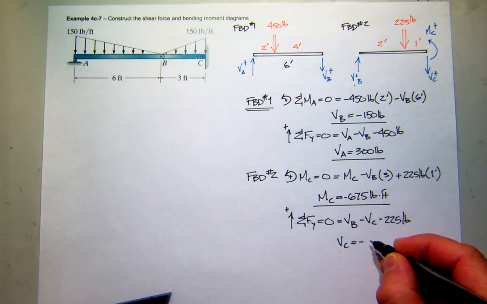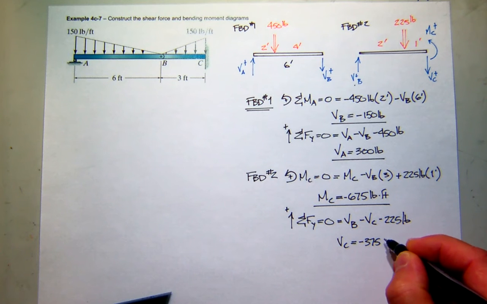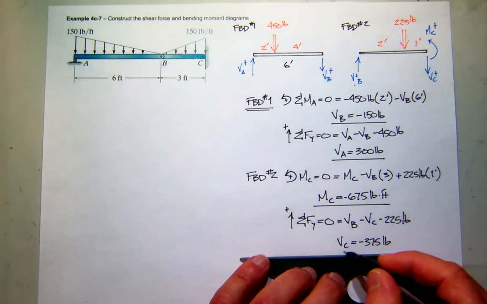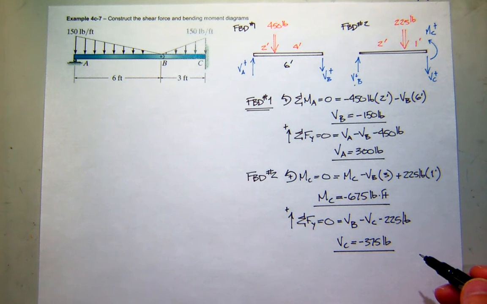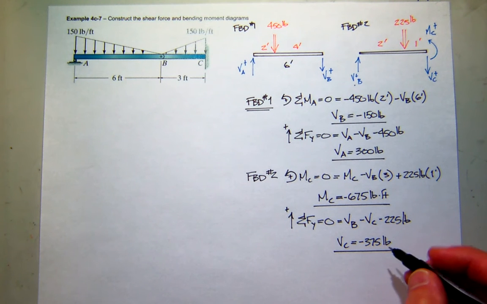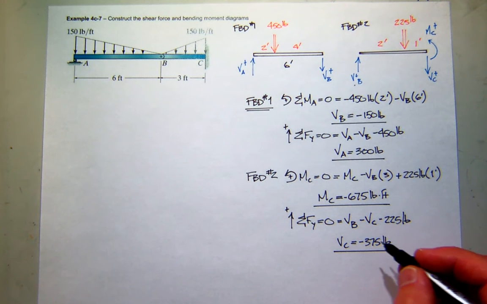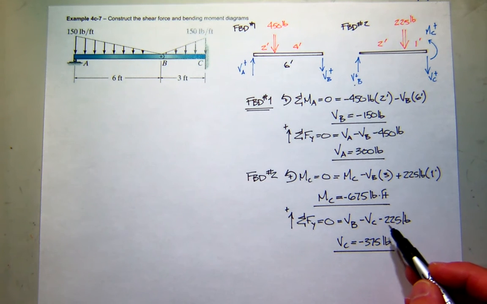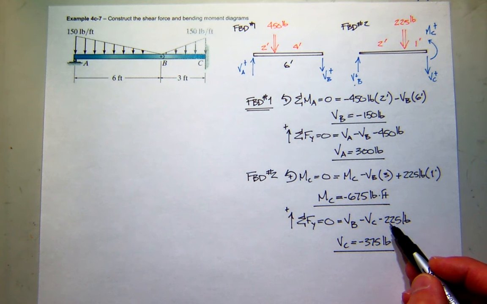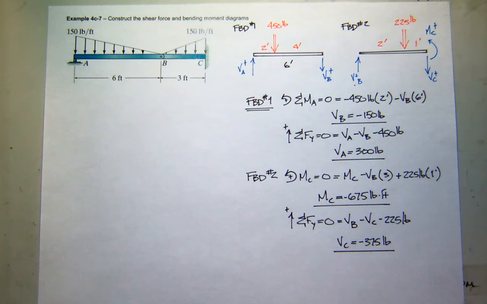Negative? Yes? No, that should be, I did that wrong. So I put in this is negative 150, minus that is negative 375. That's right, negative 375.